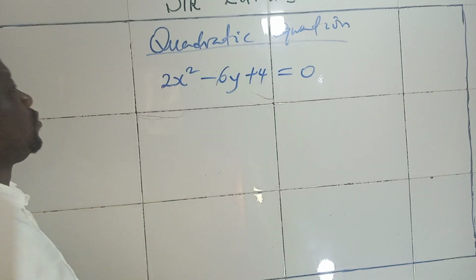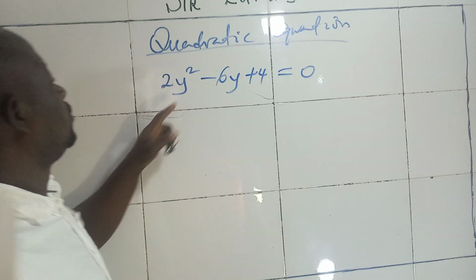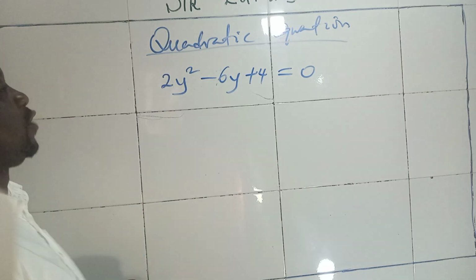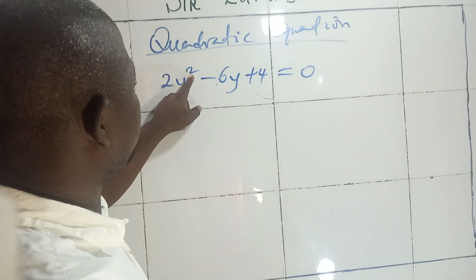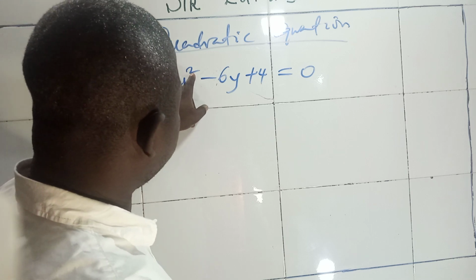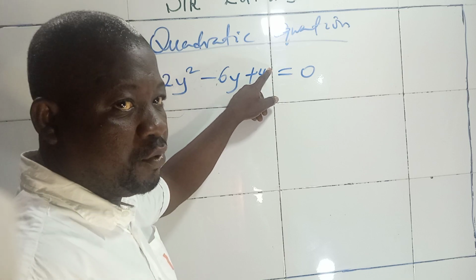This is a quadratic expression. If you look at this, the maximum power you have here is what? 2. The power is reducing. This is power 2, reducing to power 1, and this one is power 0.